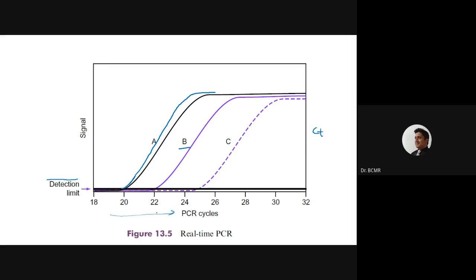Okay. So based on that, we can relatively say that A has the highest amount of a particular mRNA or anything in the DNA. It can also be measured. So A has the highest, followed by B, and then C has the least. So real-time PCR can tell us if a gene is present or not, if an RNA is present or not, and it can also tell us how much of it is present relative to other samples.